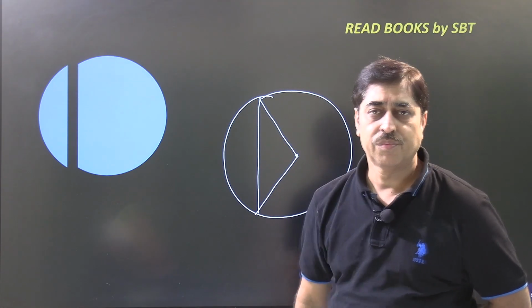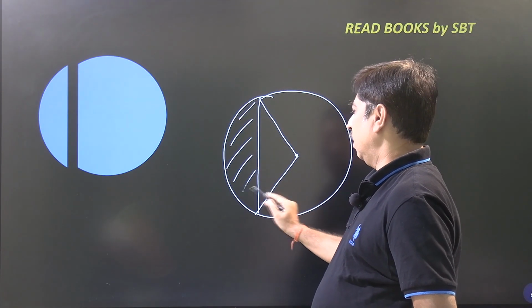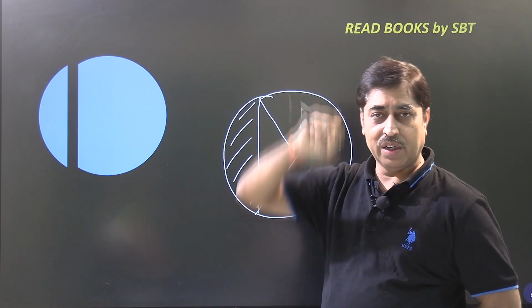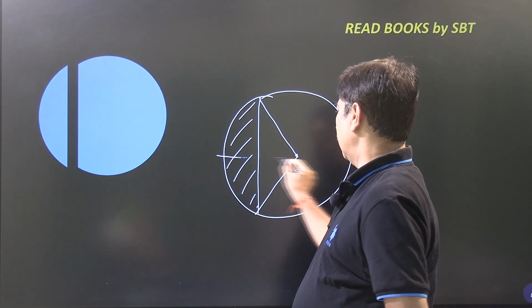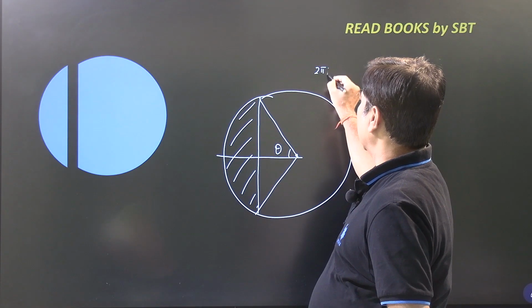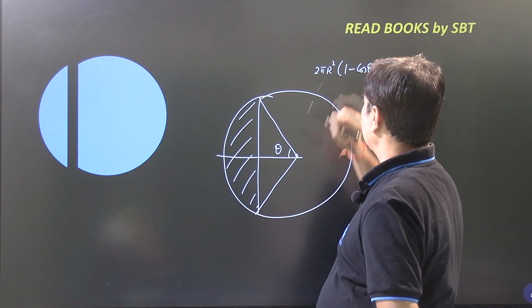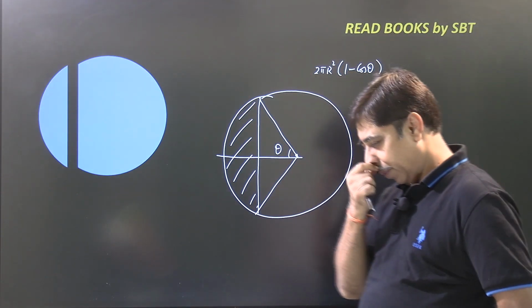No, this is 120 degrees. The area of this cap, it is a cap sort of thing, right? The area of this cap is given by 2 pi r square (1 minus cos theta). Those of you who understand a bit about solid angle must be knowing this.